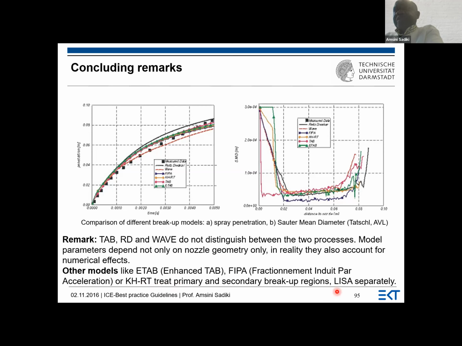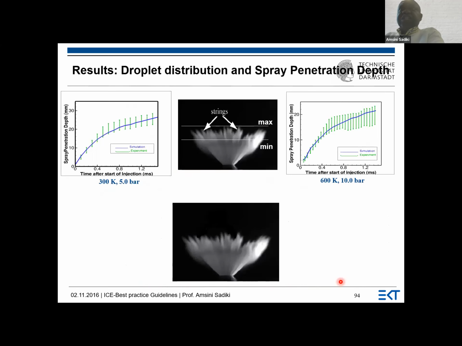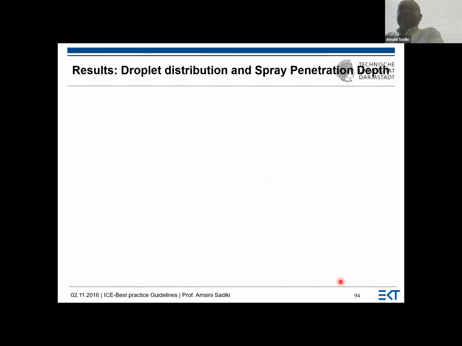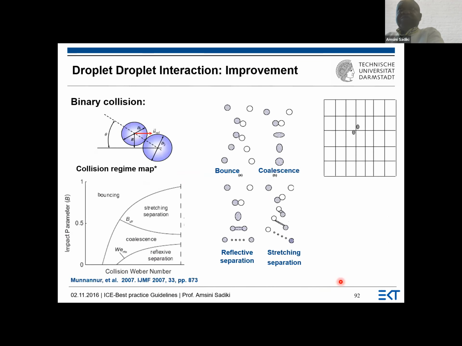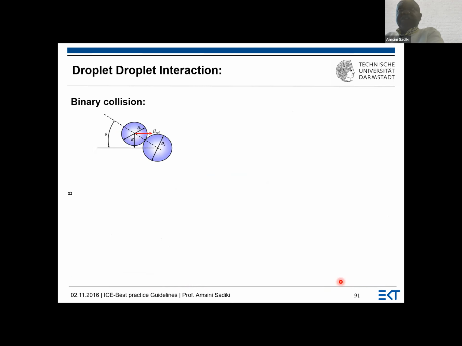The LISA model can also be used for both, but normally we also put in a secondary breakup model. So at the end, that is what we can say in putting them together.